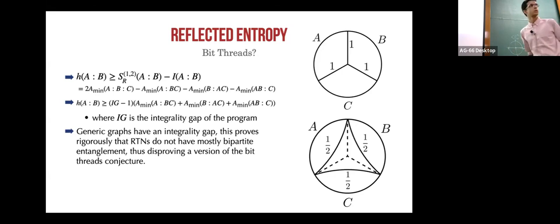So this integrality gap, is that related to this number of endpoints of cross sections kind of thing? Yeah, I thought about that. I'm not exactly sure if it does, because in AdS3, there is an interesting connection.